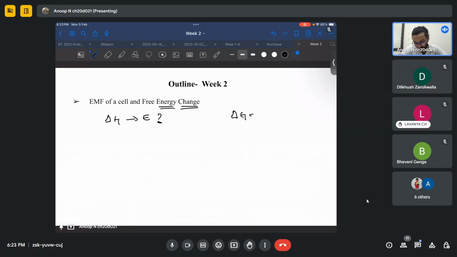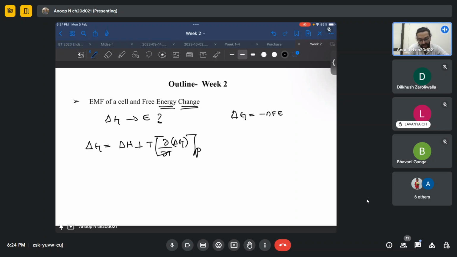Delta G is equal to minus nFE. Right. We have another relation called the Gibbs-Helmholtz relation, which gives delta G equal to delta H plus T dou by dou T of delta G at constant pressure.